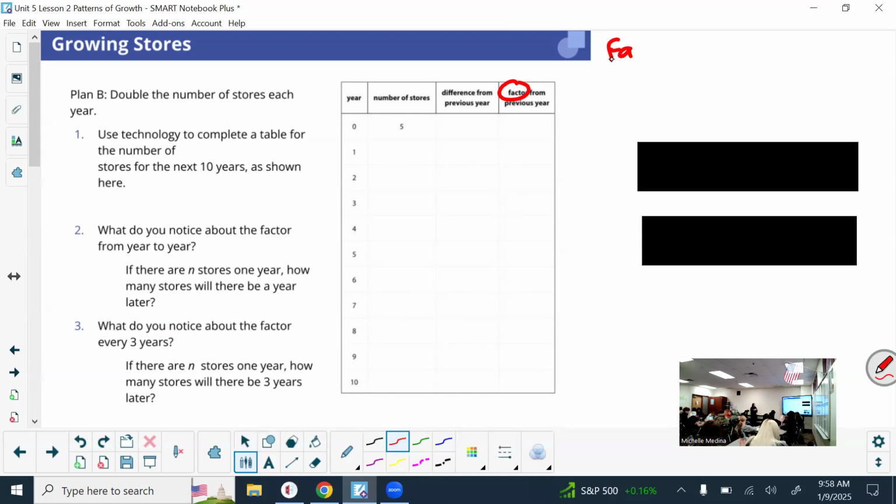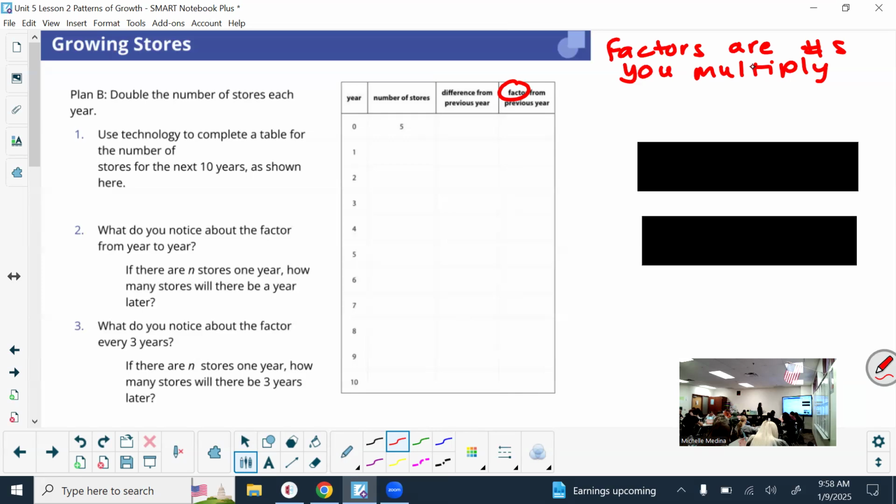Factors are numbers you multiply together. So if I asked you what the factors of 10 are, you could say 2 and 5, or 1 and 10.